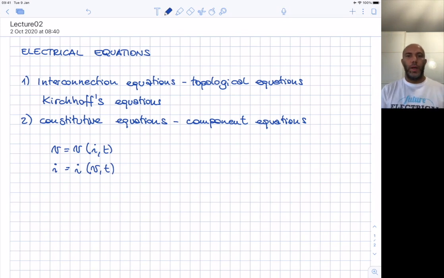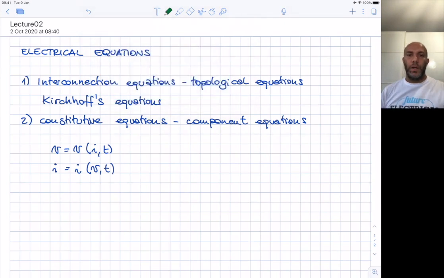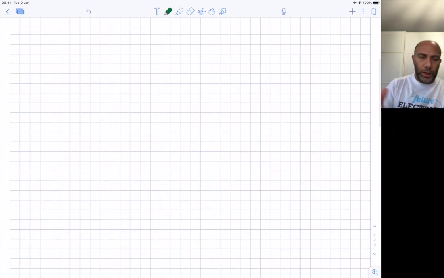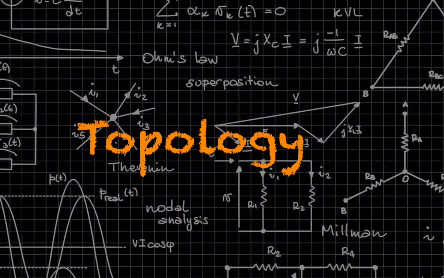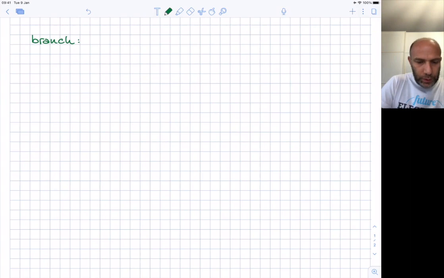The first equations that we are going to introduce are the Kirchhoff's equations. But before doing that, I want to introduce a few key concepts of topology. In particular, I want to define the concept of branch. For branch, we consider any component of the circuit. The concept of node.